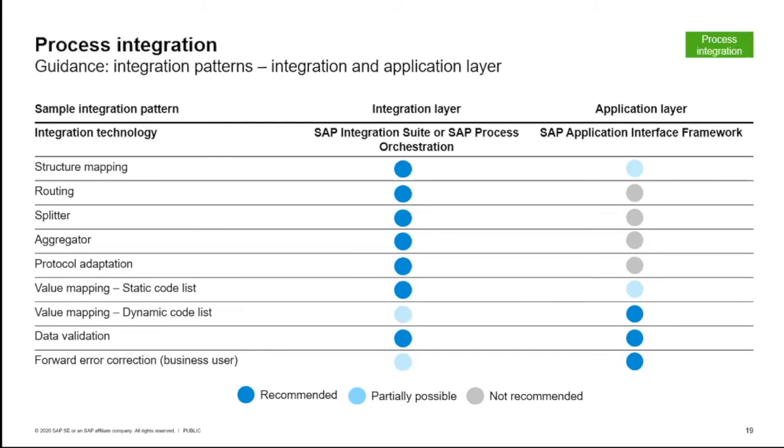And here we have an example from the process integration domain. Here it's often a question regarding these particular integration patterns, where to implement them, if it's recommended or better to implement these patterns as part of the integration layer, more precisely as part of Integration Suite or Process Orchestration, or if this is a pattern which better fits to the application layer, where we have, for instance, SAP S/4HANA as an application and, as an integration technology, a part of S/4HANA, the SAP Application Interface Framework.